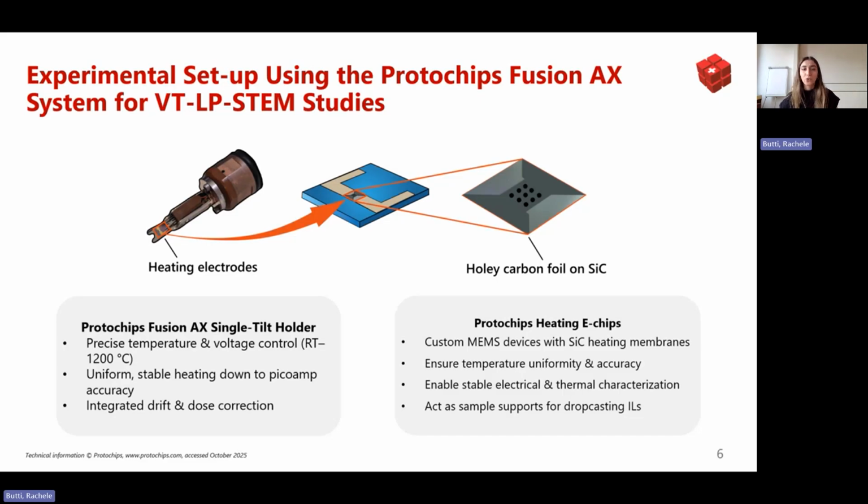This chip also ensures temperature uniformity and accuracy, and also acts as sample support for drop casting the ionic liquids. The drop casting of the ionic liquids as freestanding droplets happens on the active area of the chip, which you can see here on the slide. It's represented by these 9 holes on the silicon carbide layer.